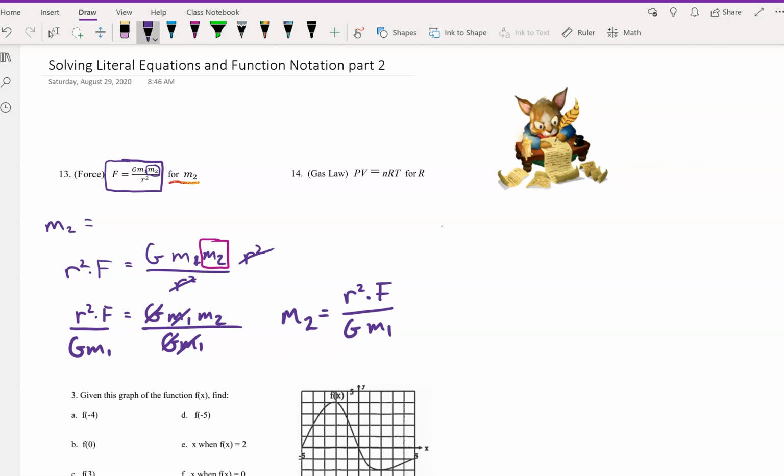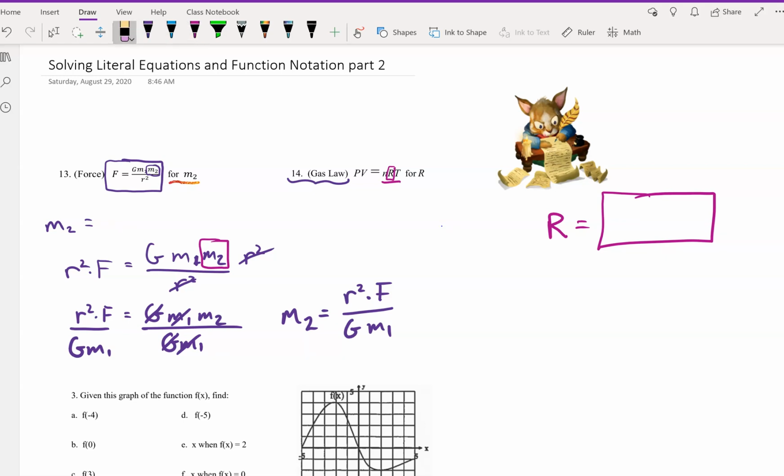Here's an example of what's called the gas law, and you're supposed to get r by itself. And again, remember that anytime we are solving for a variable, we're just getting it so it says r equals, and then everything else is on this side of the equation. Okay, so it looks like I'm going to divide.